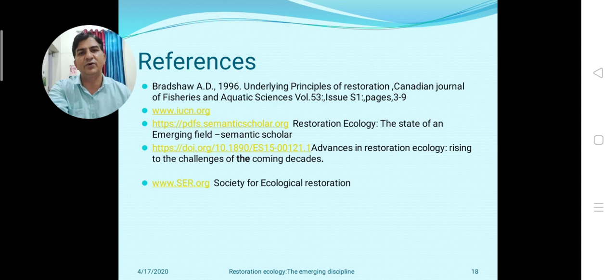And third, and very important, is monitoring. Unless you monitor your ecosystem or restoration site, it will not be able to achieve your goal. So these three things are very important: first planning, then implementation, and then monitoring.